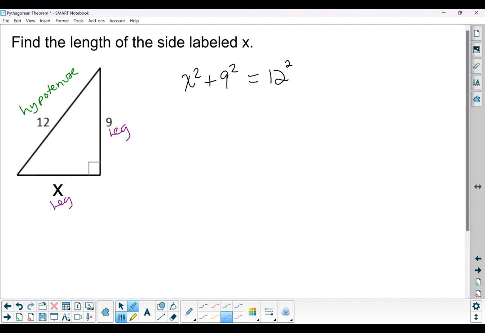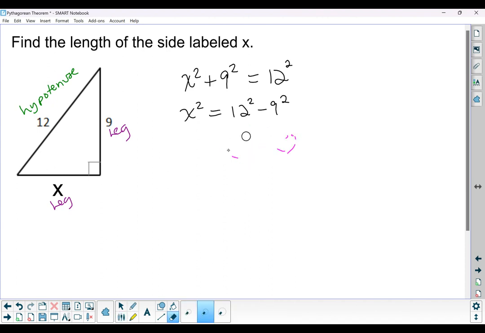You can do this two ways. I'll write it both ways, and you can see which way you want to do it. You can subtract the 9 squared like this. But a common error is that people want to subtract the 12 and the 9 and make it a 3 squared, but that's not the case. You can't do that.